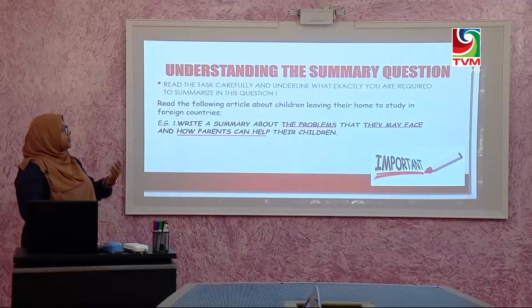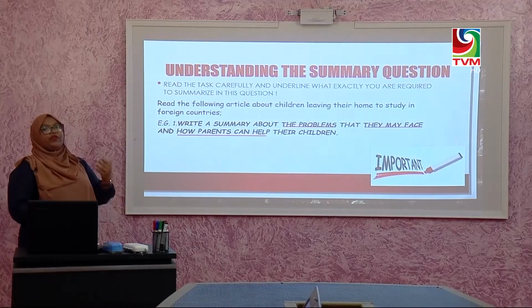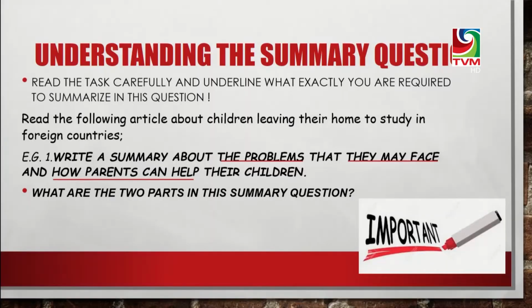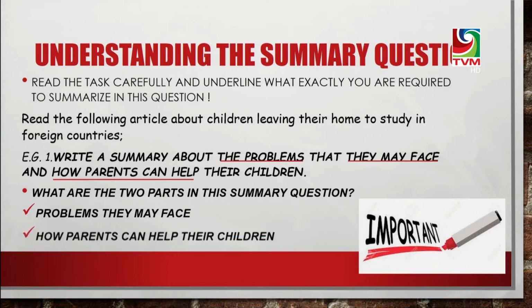Therefore, then you can select the text and scan the article for the correct answer. So when we look at the question, we have identified the key components. What are the two parts in this summary question? Problems they may face and how parents can help their children.